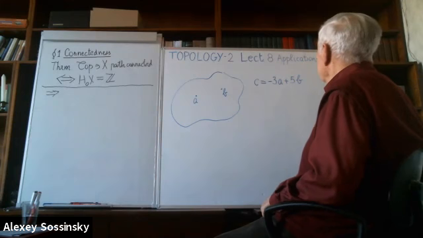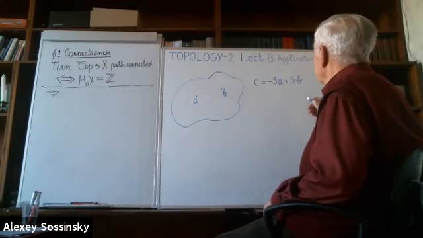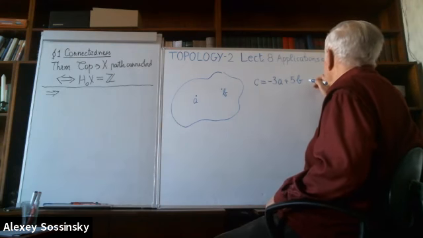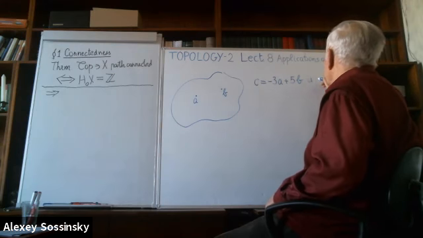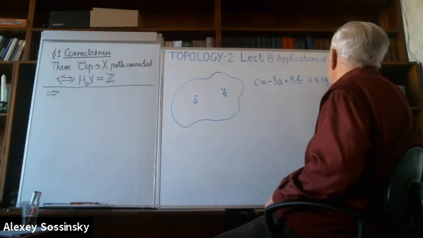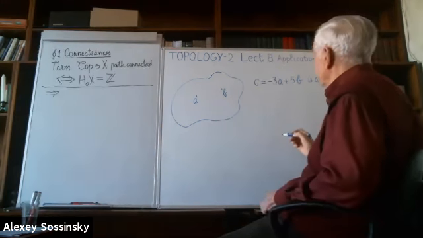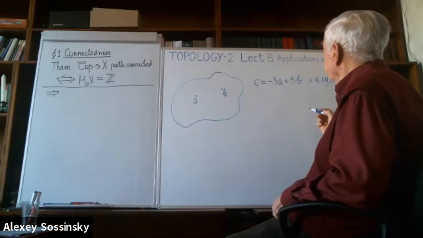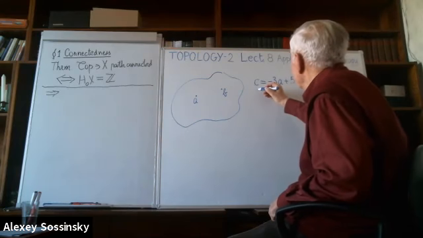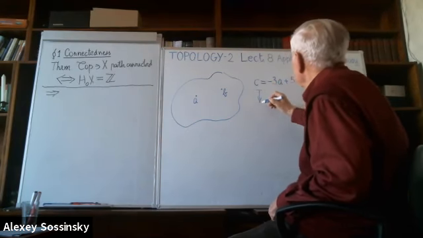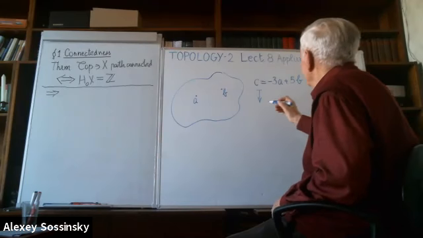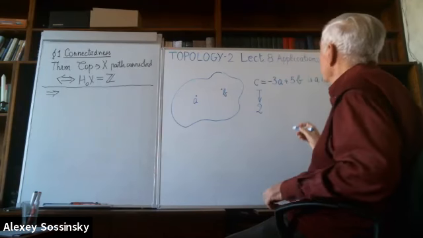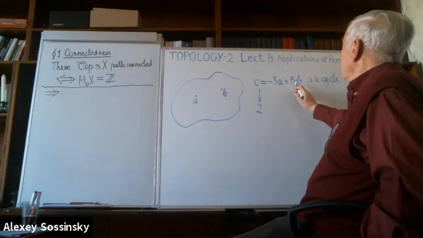Now, to this chain, which is a cycle, because any zero chain is a cycle, I am going to assign the number 2, which is the sum of 5 and minus 3.